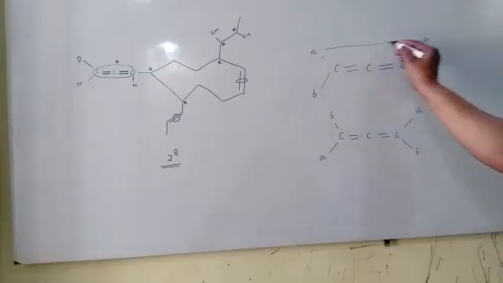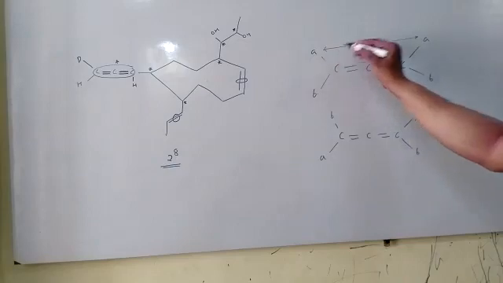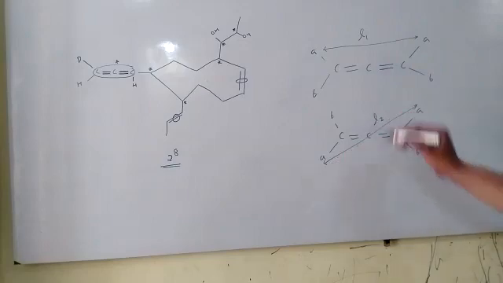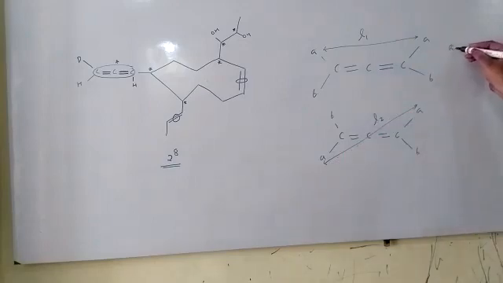I think you must be knowing this fact. If this distance is L1 and this distance is L2, yes or no? The relation between L1 and L2: L1 is equal to L2.